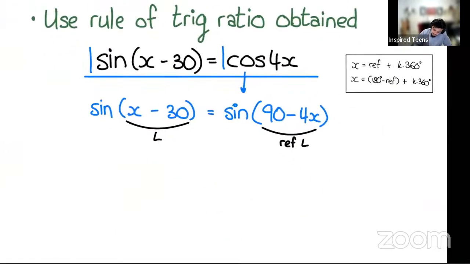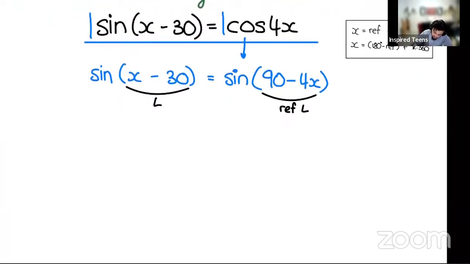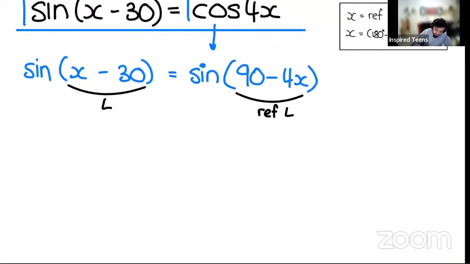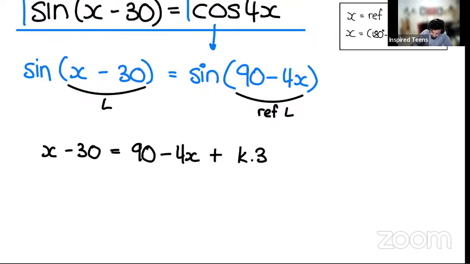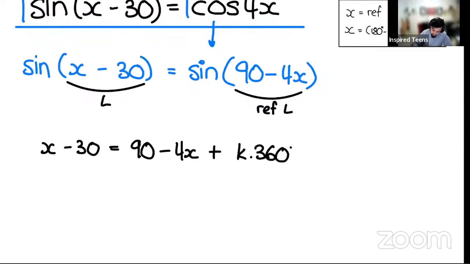So in this case, I'm taking my angle as x minus 30 and my ref angle as 90 minus 4x. Always do that. Whenever you're doing an example like this, take the first one as your angle and the second as your ref angle, and go accordingly. So angle x minus 30 is equal to ref angle, which is 90 minus 4x plus k times 360.